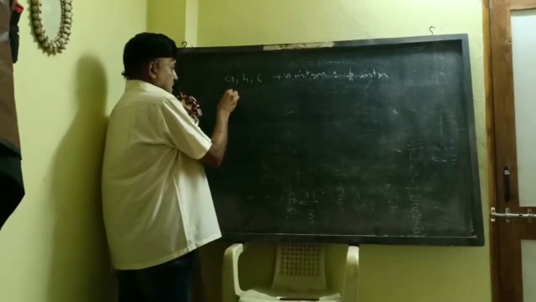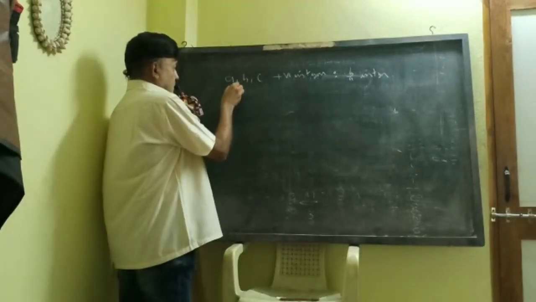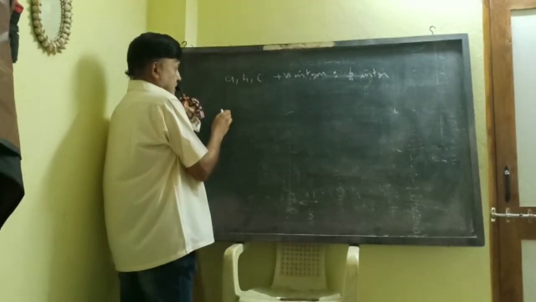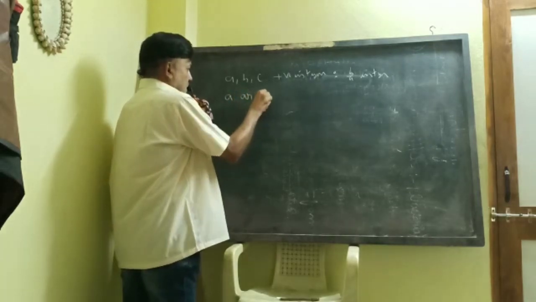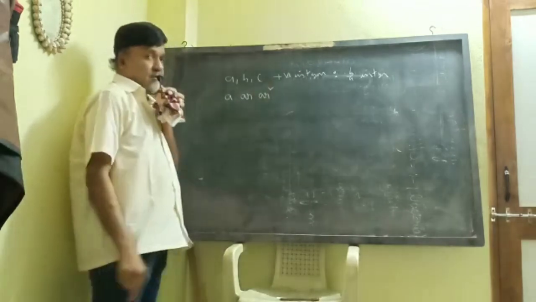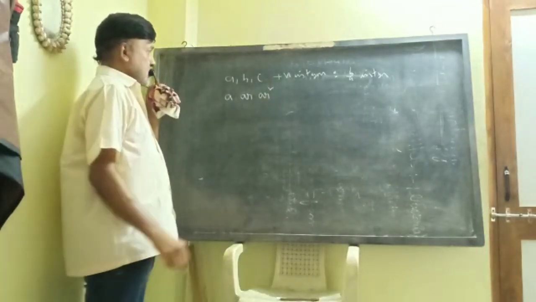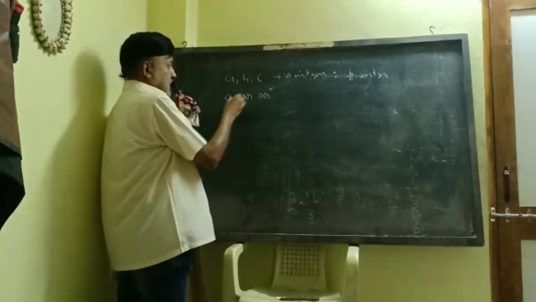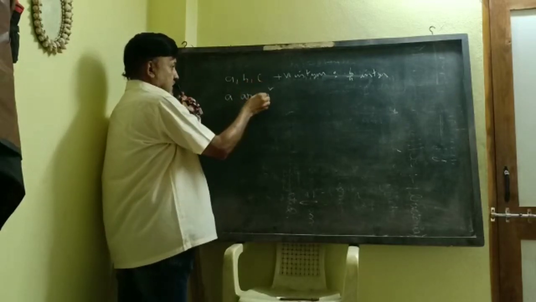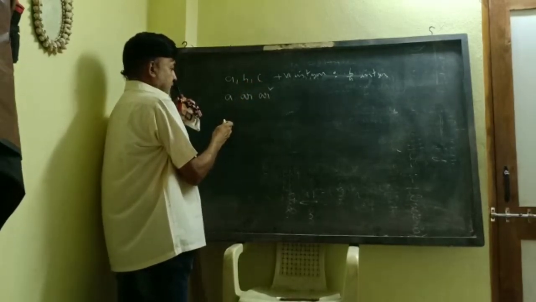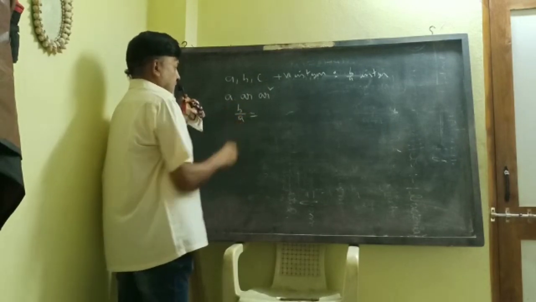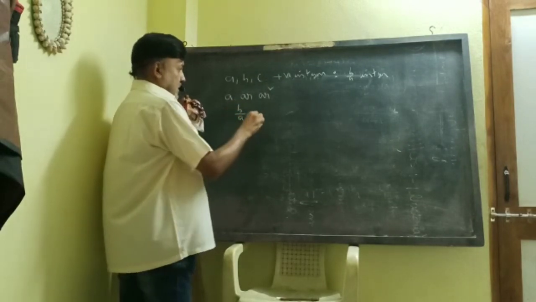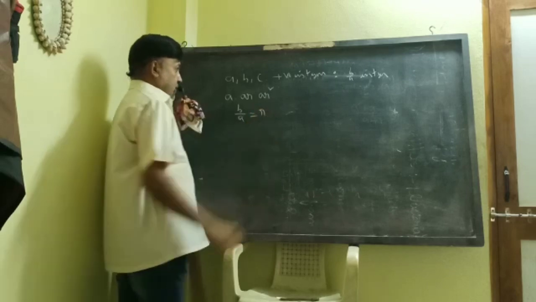I will consider a, b, c in GP, which means let us say a, ar, ar square. So your b will be equivalent to ar, c will be equivalent to ar square. What is b by a? b by a will be equivalent to r.